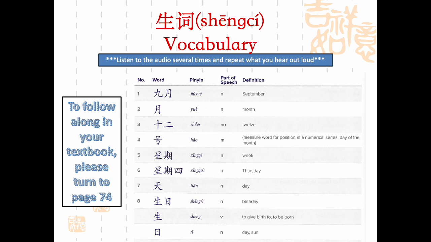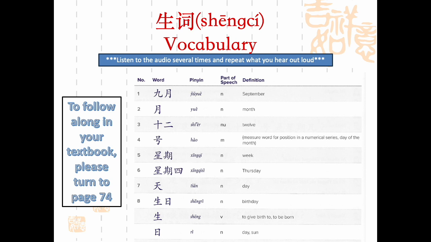Lesson 3, Dialogue 1. Vocabulary. 1. 9月 September. 2. 月 Month. 3. 12. 4. 号 Measure word for number in a series.